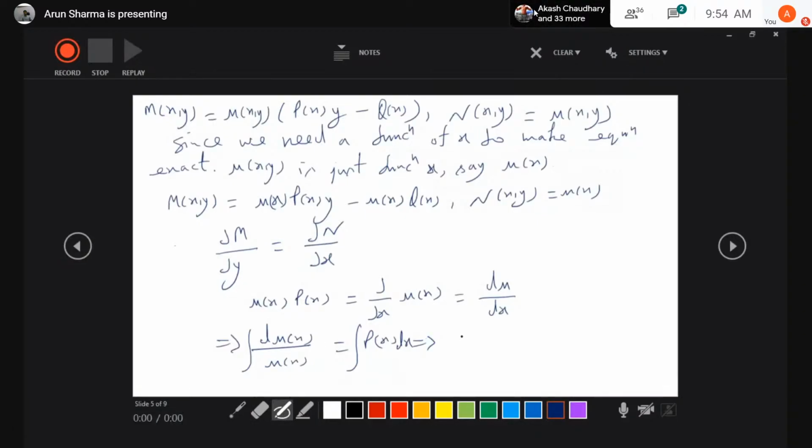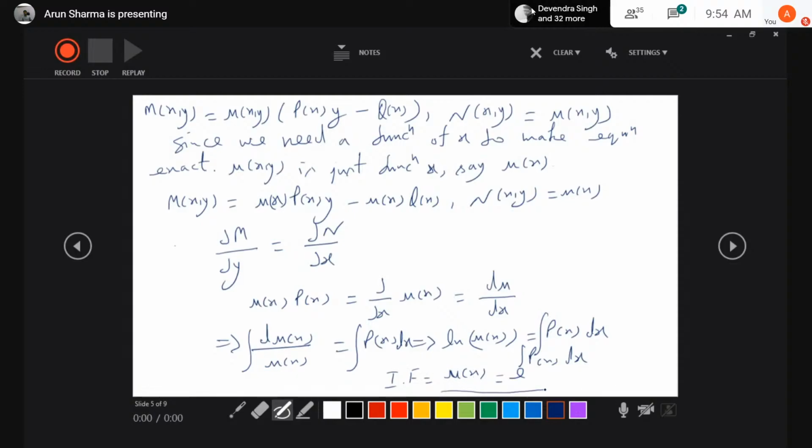This d mu upon mu is ln mu x, and this is the integral of px, you can call it integral of px plus c, but we can just take the integral. So ln of mu x equals the integral of px dx, so mu of x is e to the power integral of px dx. So this is the integrating factor.